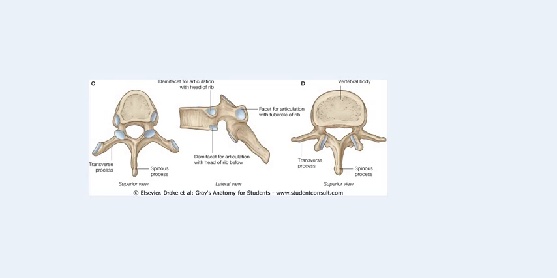You all know that all the 12 thoracic vertebrae are characterized by the articulation with the 12 ribs. So all the thoracic vertebrae are characterized by the presence of the costal facets on both sides of the vertebral bodies.